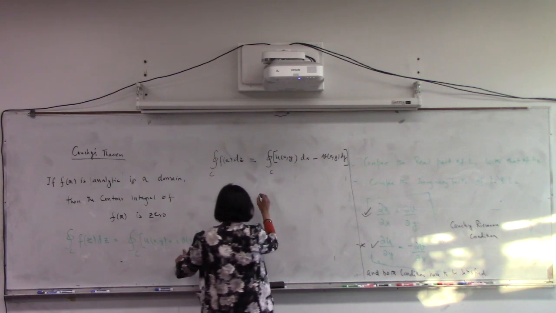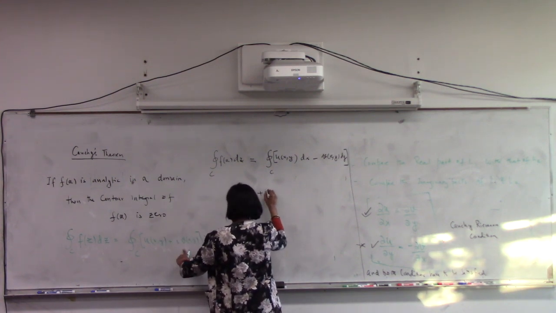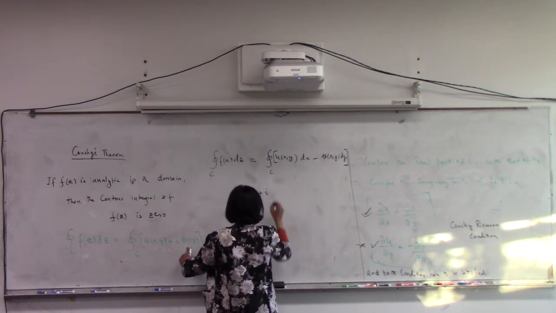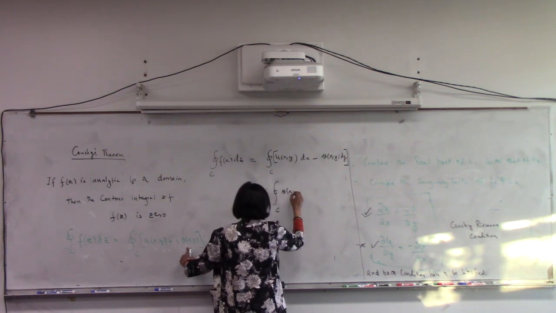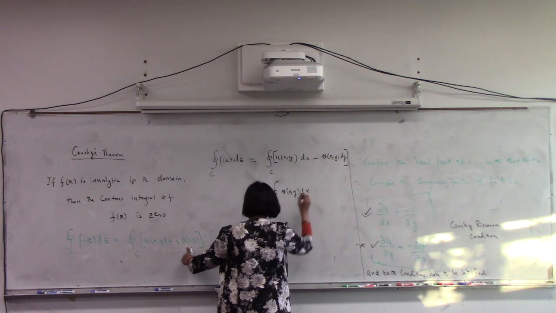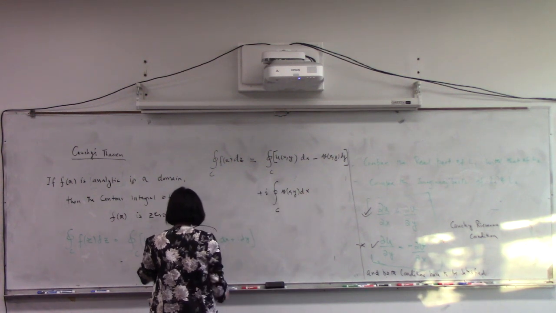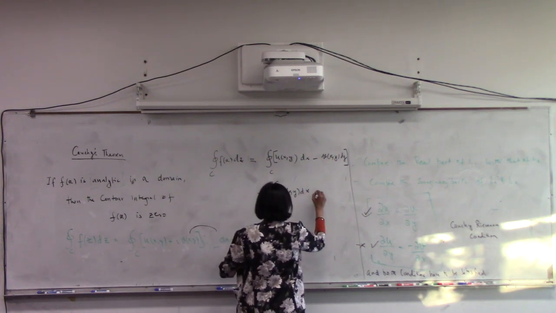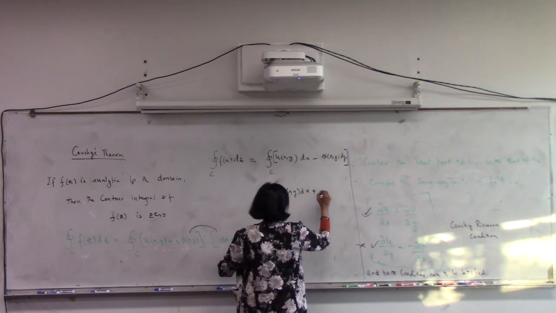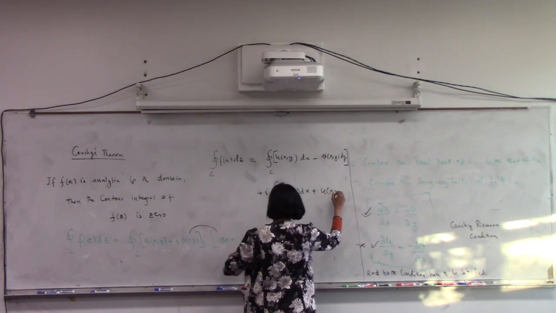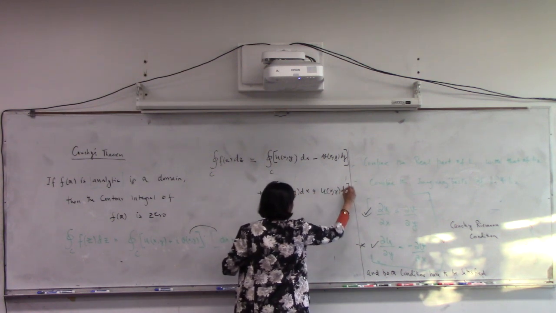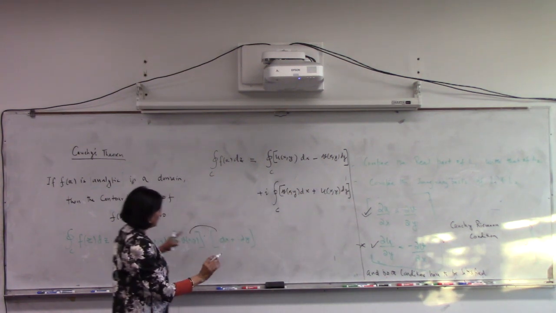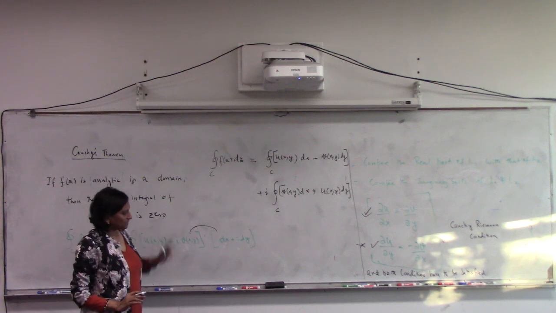Okay, and then plus i times the integral of v(x,y) dx plus u(x,y) dy. All I've done is separate the real and imaginary parts into two integrals.